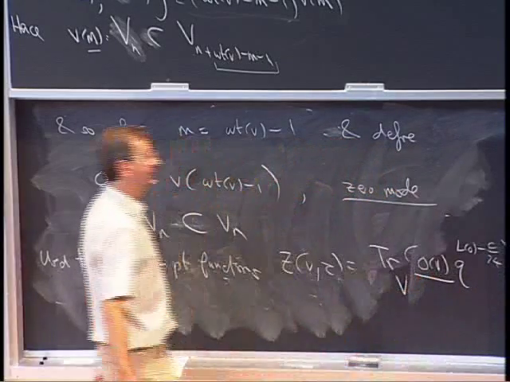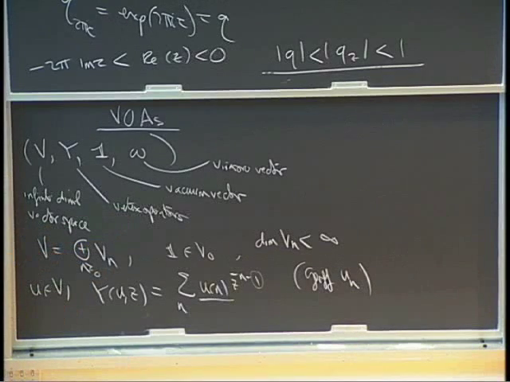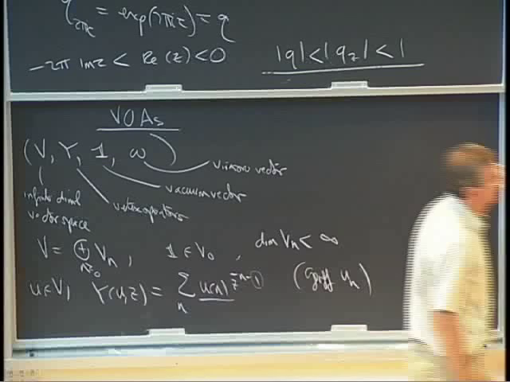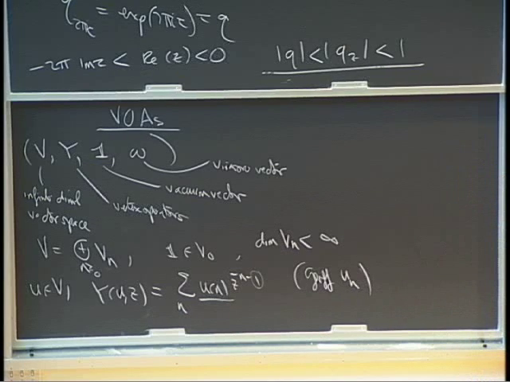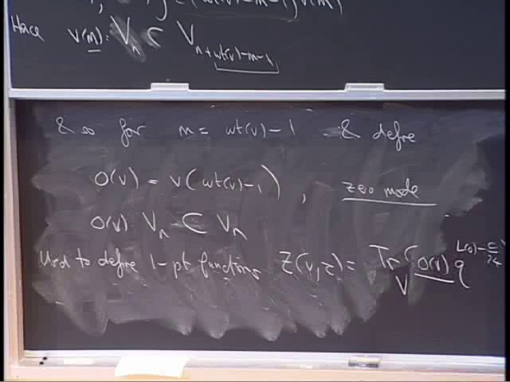This is a level preserving operator, so it acts on each graded vector space. It's just a trace, like a sum of characters for this operator acting on each finite-dimensional piece of this infinite-dimensional graded space. The power of q keeps track of each of those grades. But the action of o of v is just some linear operator acting on each of these finite-dimensional vector spaces. And that's what we mean by a one-point function.